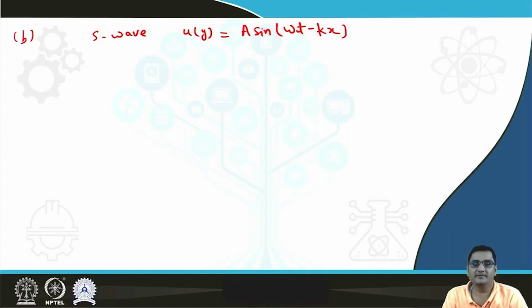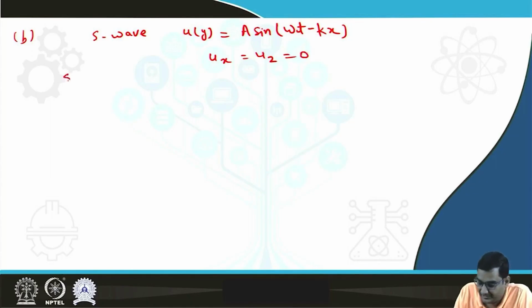So this is given, and now we need to calculate the strain. Since we know that the displacement is in the y direction and that the wave is traveling in the x direction, we can write ux is equal to uz is equal to 0.